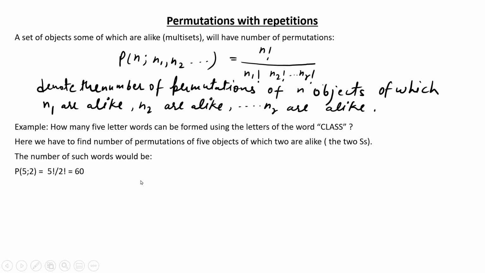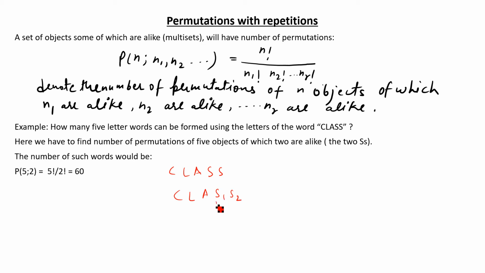So let's understand this. We have the word class in which we have a total of 5 letters, but 2 S's are repeating. Suppose we have these two, S1 and S2, then S1 and S2 are different.